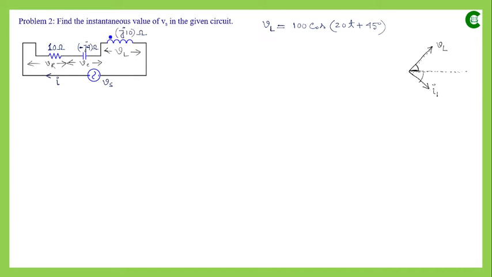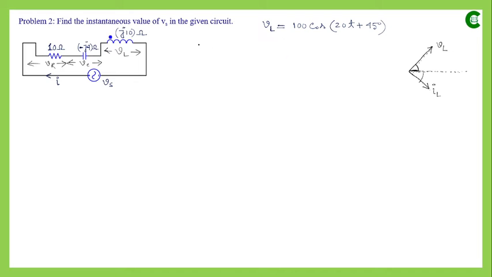So this will be IL, or simply we can say I, since this is a series RLC circuit, so the same current will flow through all the components. So with this reference, the voltage across the inductor is leading by 45 degree, and the current through that inductor is lagging by 45 degree. So 45 plus 45, in total it is 90 degree. So the total phase difference between this voltage and current will be 90 degree. So that is satisfied. Based on this format or this value of the instantaneous voltage drop across the inductor, we will proceed further.